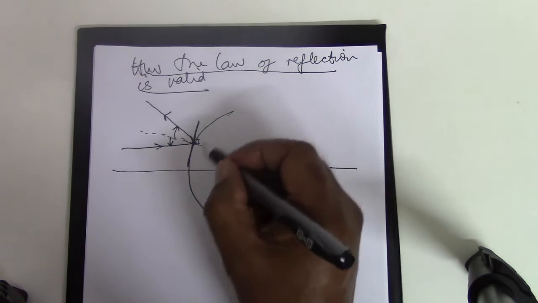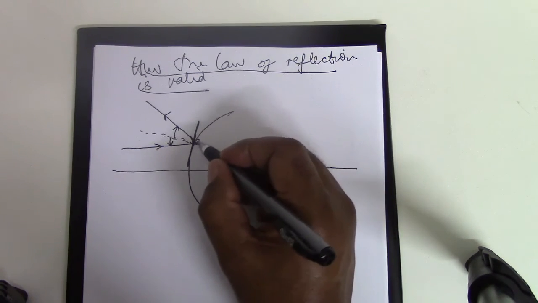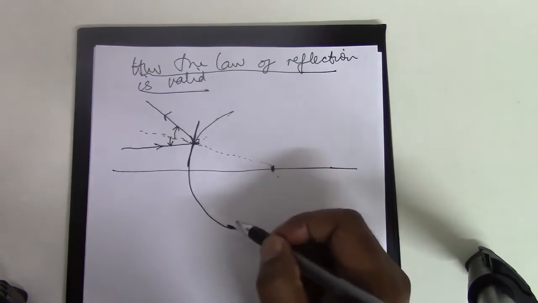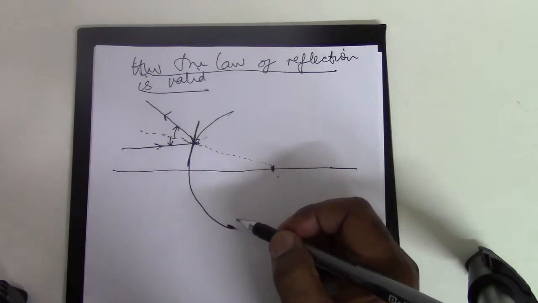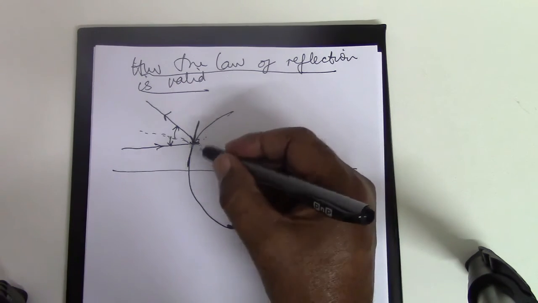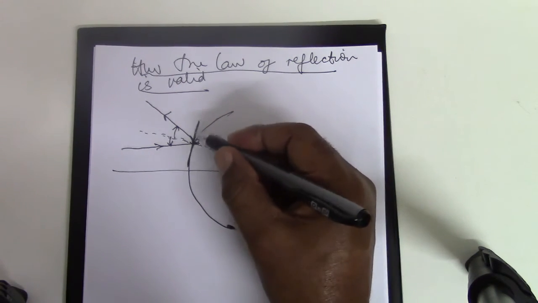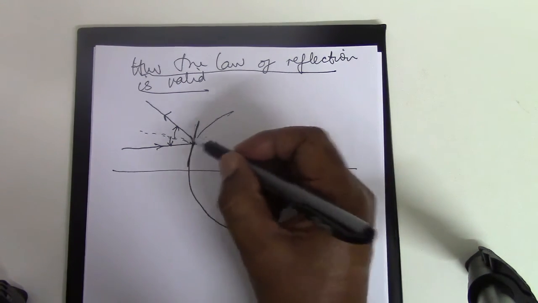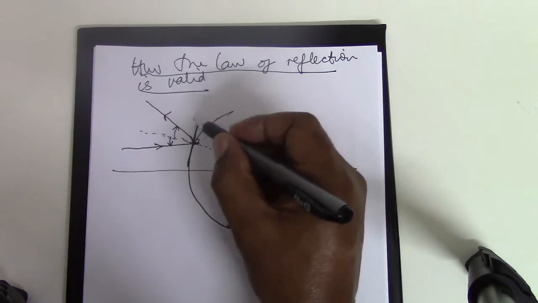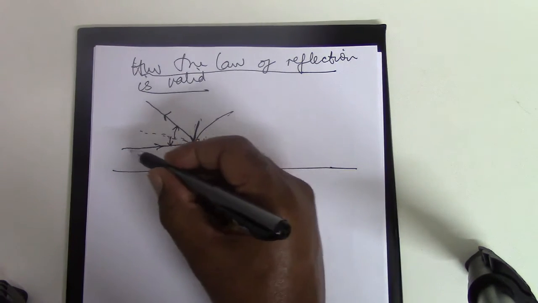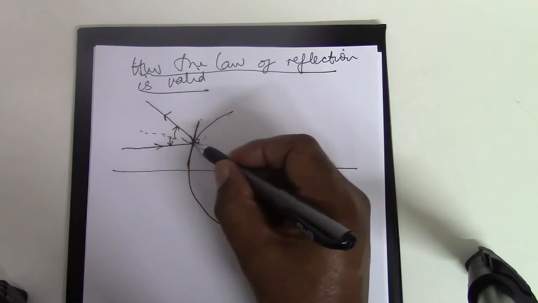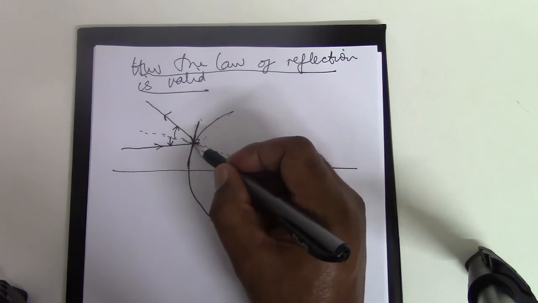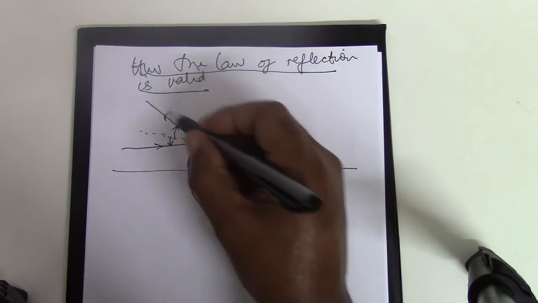At this point, we can call it P. So we draw a tangent here, and then we draw a normal to that tangent, and then we can draw our incident ray and a reflected ray.